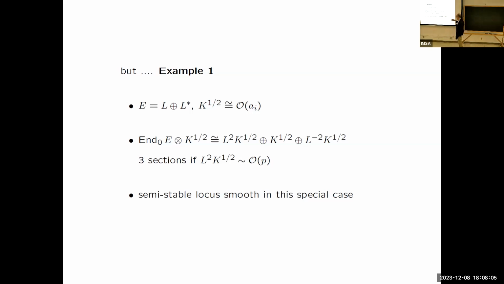There's a commutative sheaf of differential operators on the sheaf of sections of K to the half. It appears in this work of Valence and others, on quantization.